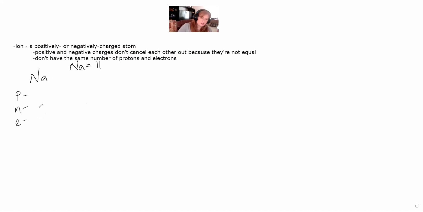So how many protons for sodium? 11. Neutrons, 11. Electrons, 11, because this is our standard atom. But sodium can become a positive ion, meaning it has a charge on it, a positive charge. Okay, now we're going to do how this works out.